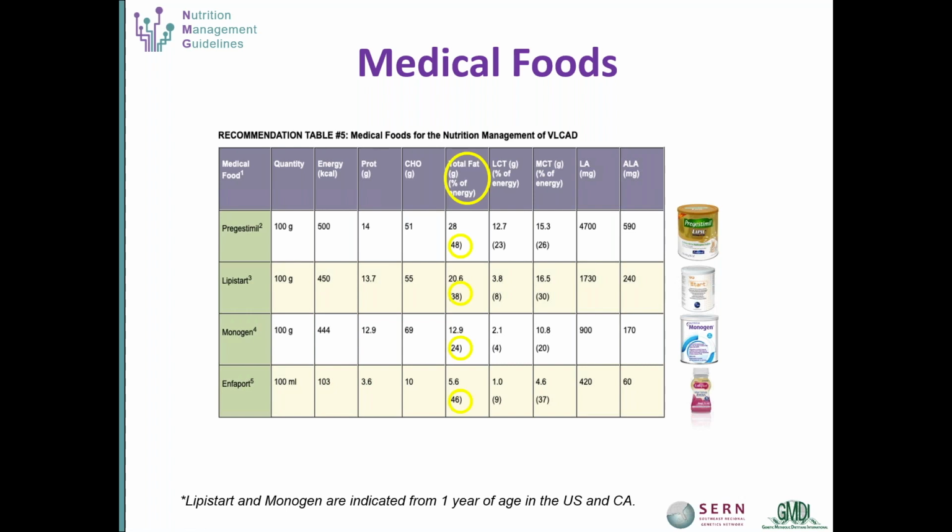You can see it varies greatly between the different types of formulas, ranging from 24% of total calories from fat to 48%. Long chain fat also varies, ranging from 4 to 23% of total calories. And then MCT also varies, ranging from 20 to 37% of total calories.